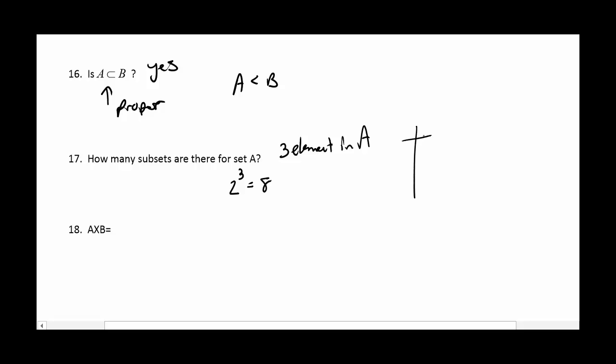One way to think about this is you've got an empty set, sets with 1 in it, sets with 2 in it, and a set with all 3 in it. So there's 1 empty set in every set. There are 3 elements in A, so there are 3 sets that have just 1 element in it. Consequently, there's 1 set that has all 3 of them in it.